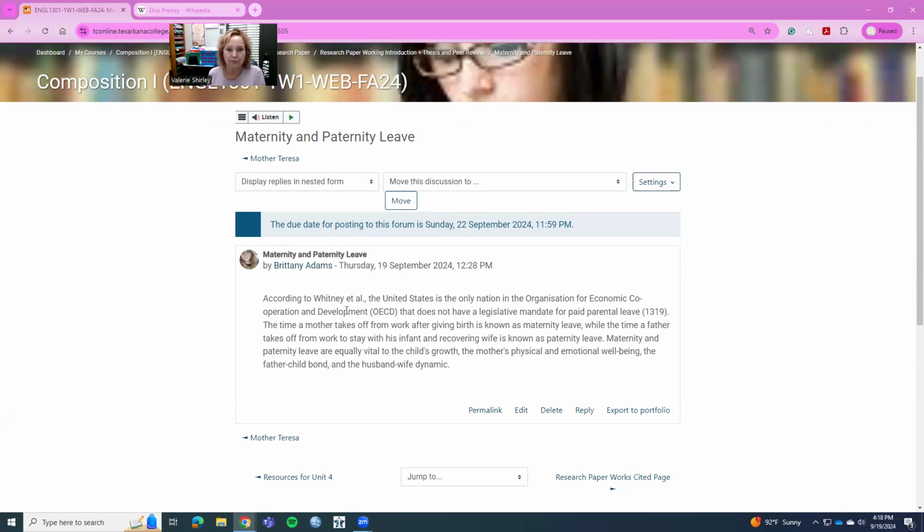According to Whitney et al., the United States is the only nation in the Organization for Economic Cooperation and Development, open parenthesis, and the initials that stand for Organization for Economic Cooperation and Development, close parenthesis, that does not have a legislative mandate for paid parental leave. And this was found on page 1319.